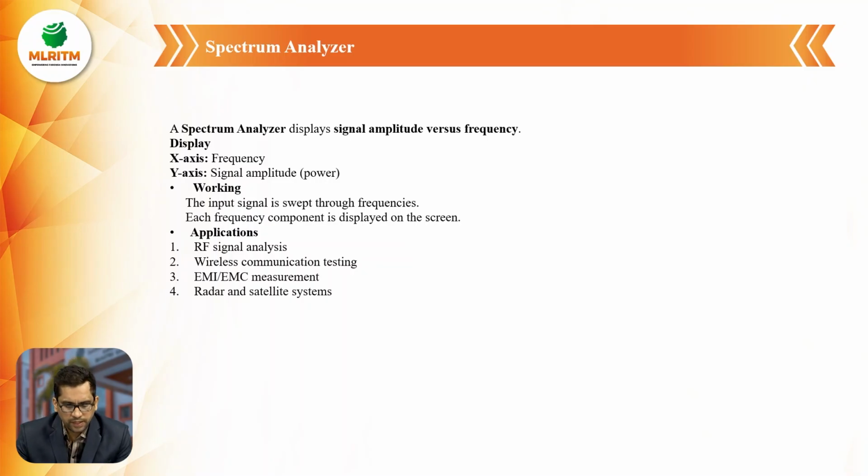The other important application of the spectrum analyzer is EMI EMC measurement, which is the measurement of signal parameters, mainly used in satellite applications. Another important application is satellite and radar antenna systems.